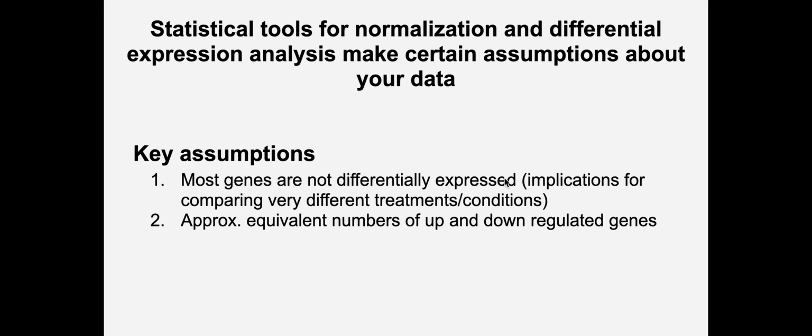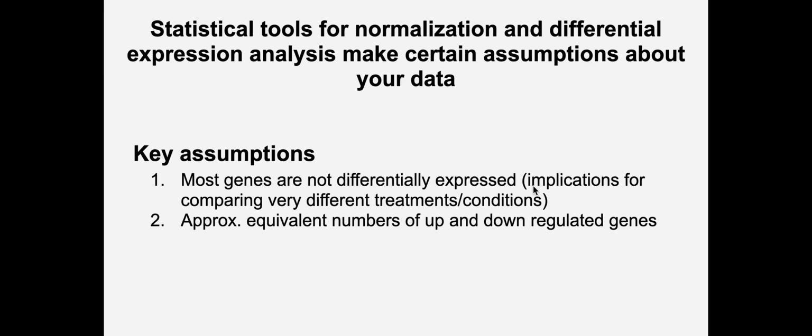Okay, just a word of caution. Statistical tools for normalization and for differential gene expression make certain assumptions about your data. That's at the heart of statistical methods and how we choose them; each one has some inherent assumptions. At least for differential gene expression, two key assumptions are, first, that most genes are not going to be differentially expressed in your data set.